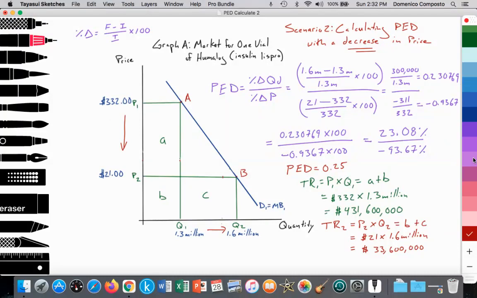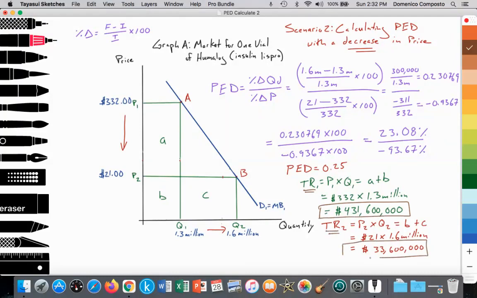So clearly, we can see that the total revenue fell from 431,600,000 to 33,600,000. Again, illustrating that when PED is less than 1, we expect a positive relationship between price and total revenue.